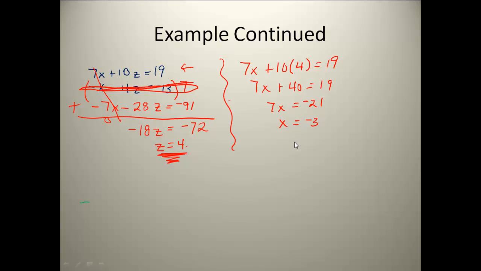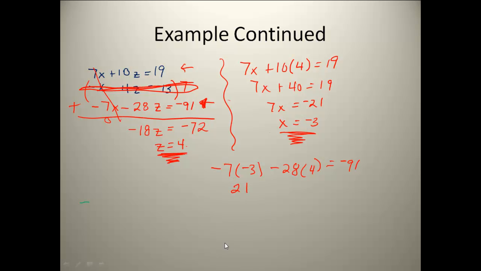Now at this point, it's a good idea to check. The way you can check this is by plugging x and z into your other equation here. So I'm going to check, is 7 times negative 3 minus 28 times 4 equal to negative 91? So I've taken my x and my z and I'm plugging them into this bottom equation to see if it's going to work or not.